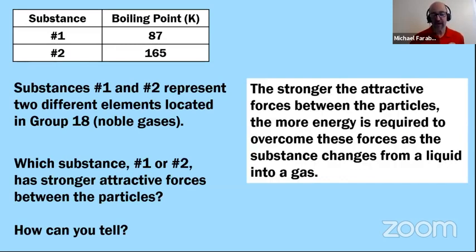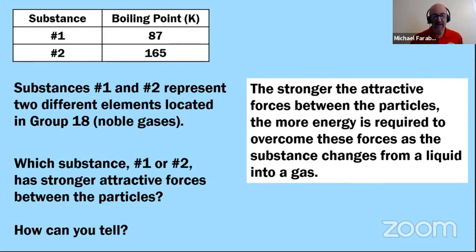The stronger the attractive forces between the particles, the more energy is required to overcome these forces as the substance changes from a liquid to a gas. So I would argue that substance 2 has stronger attractive forces, even if I have no idea of the identity of substance 2. I'm going to go with the higher boiling point meaning stronger attractive forces.